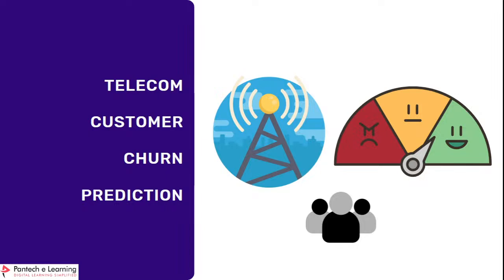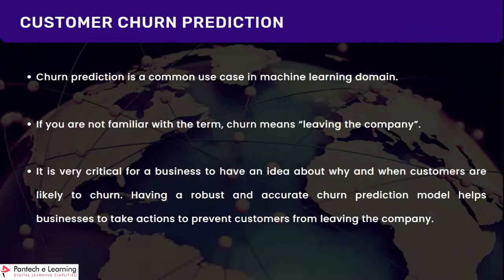So talking about this telecom customer churn prediction, it's a common case study. Churn means nothing but leaving the company. This is a business case study where we have a telecom company, and they have data of how many people have left their company in the past. Churn prediction is a common use case in the machine learning domain.